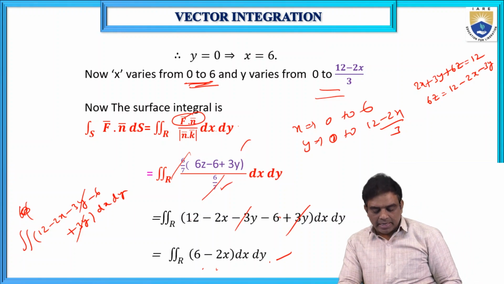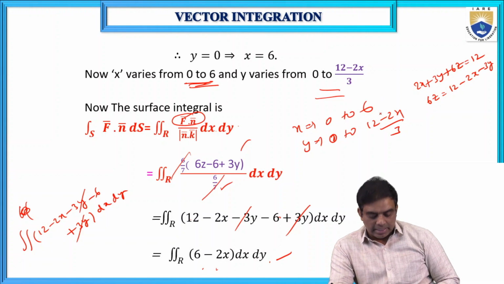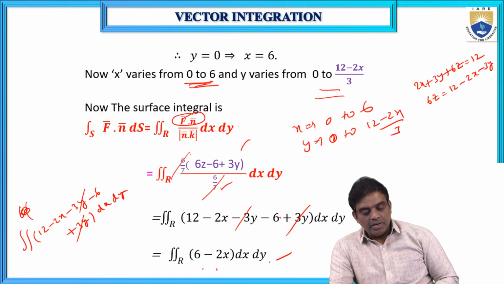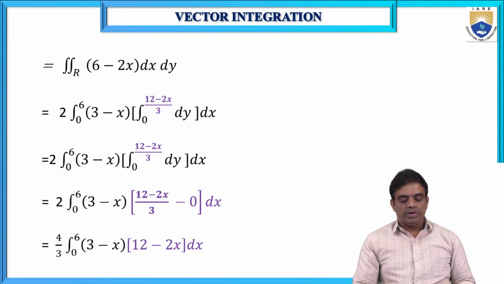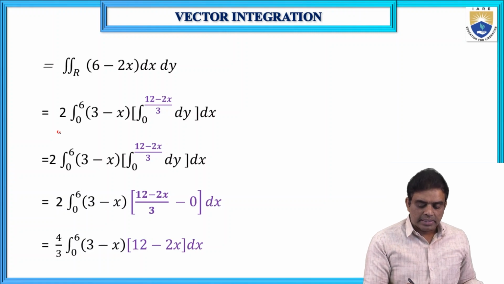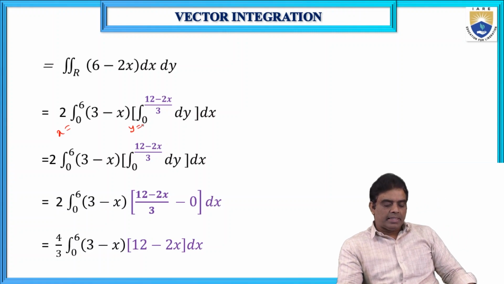Now the final stage of the problem is just to apply the limits and do the integration. The integral over R of (6 minus 2x) dx dy is equal to the integral from 0 to 6, which is the x limit, and the y limit is 0 to (12 minus 2x) by 3.